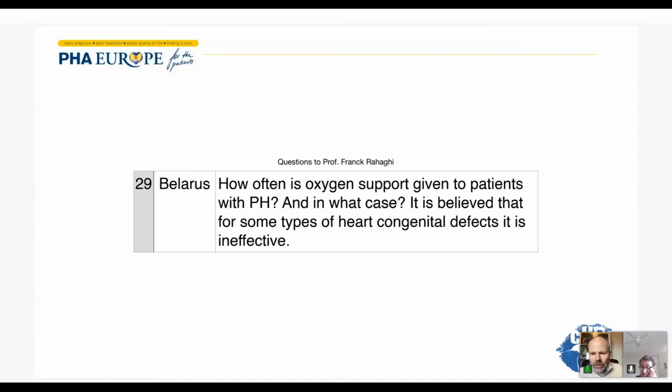How often is oxygen support given to patients with PH, and in what case? Is it believed that for some types of congenital heart defects, it is ineffective? Well, it's ineffective in the sense that the problem is the mixing of blood, and it doesn't matter how much oxygen you give, the blood is still blue. However, we know that hypoxia, low oxygen level, increases pulmonary vascular constriction.